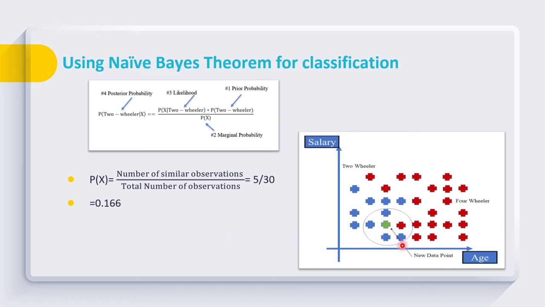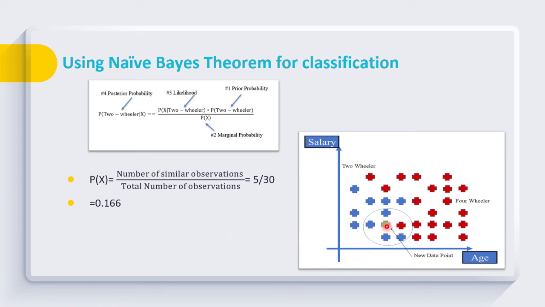Here we are considering an area which is similar to our new data point. So this is the neighborhood of our new data point, and we named this neighborhood the area of marginality. In order to calculate the probability that a data point belongs to this area of marginality, we will be using this formula, that is, the number of similar observations. In simple words, the number of observations which fall in this area of marginality divided by total number of observations.